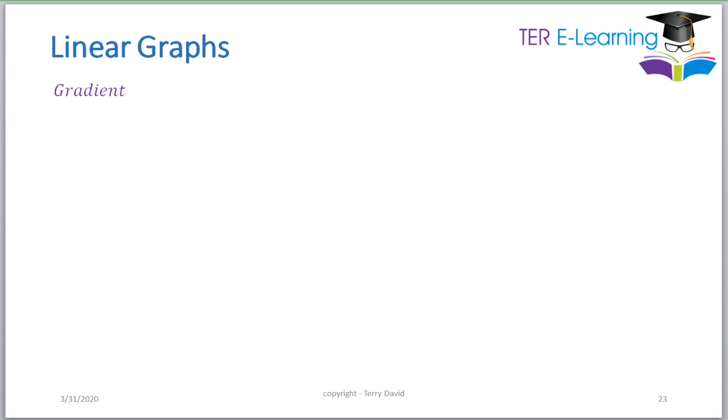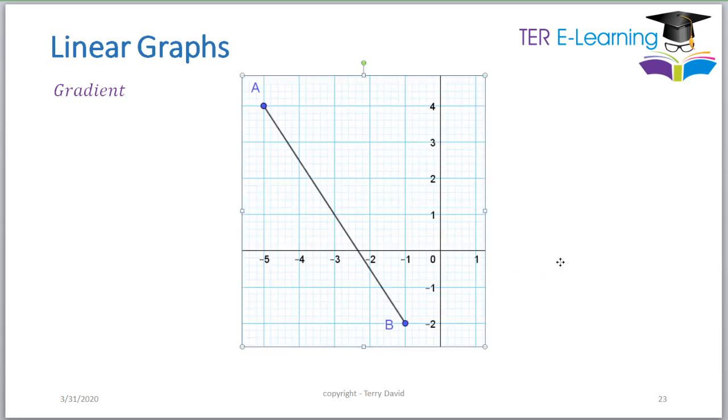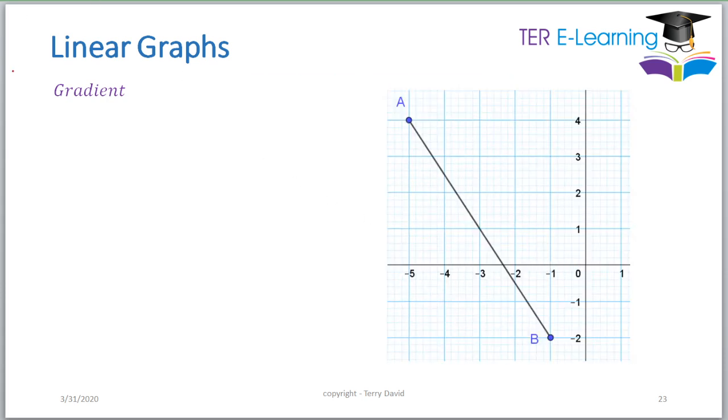All right, I know you all had a little trouble with this one, so let's try the next one. We want to find the gradient of the line segment AB.